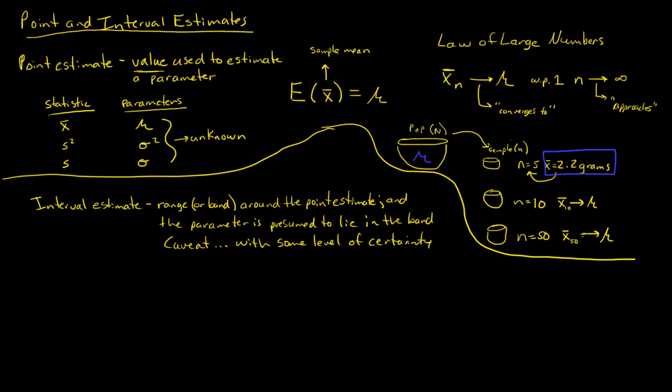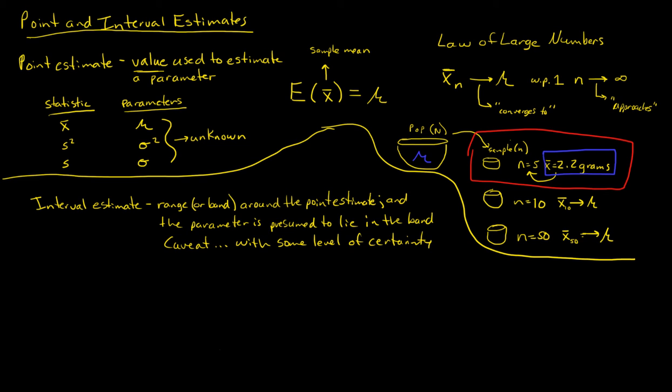An interval estimate is really building on the concept of the point estimate. Going back over here to this n equals 5 example, let me draw you into where I'm talking about. If we know that the point estimate from the sample mean is 2.2 grams, it won't exactly be what the population mu value is.